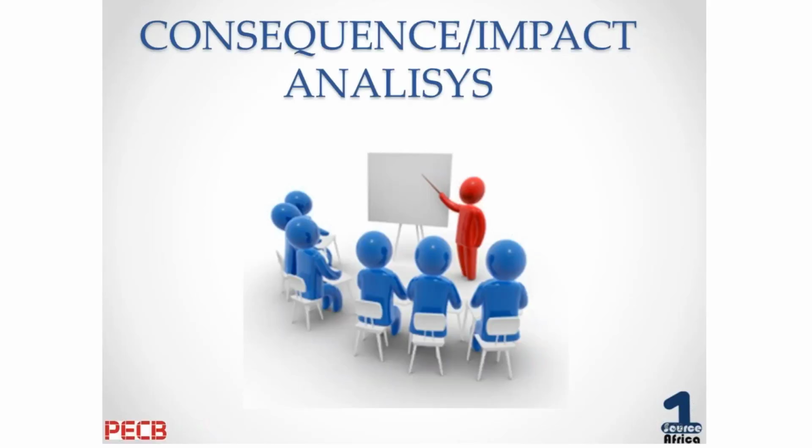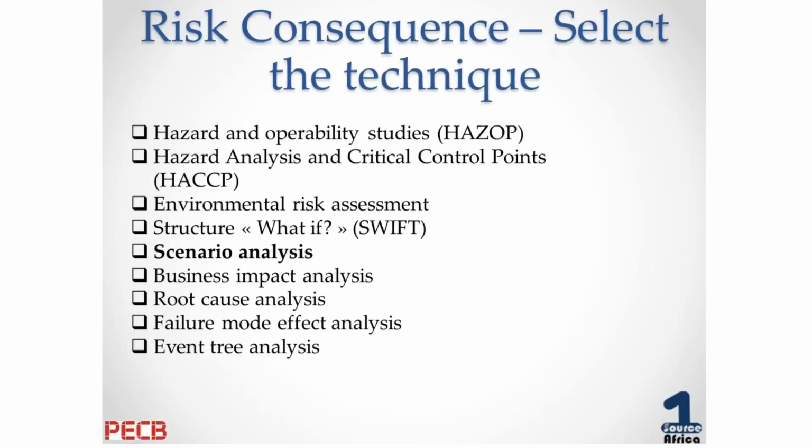So consequence and impact analysis is then the next stage, and why we want to try and understand the consequence is so that we can understand what the impact or the consequence would be of the risk should it occur. I already mentioned we can do that in three ways. We can do it qualitative, semi-quantitative, and quantitative then as well, which is the monetary value to it.